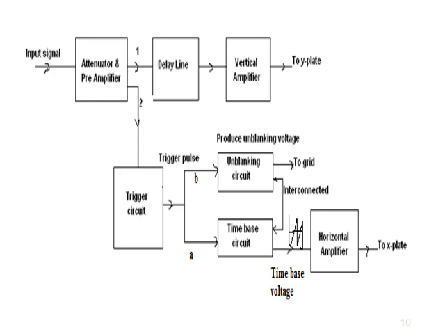During flyback time, the unblanking circuit provides blanking voltage to the grid, making the grid highest negative, so it will not allow the electron beam to flow toward the screen. So it blanks the electron beam during flyback.